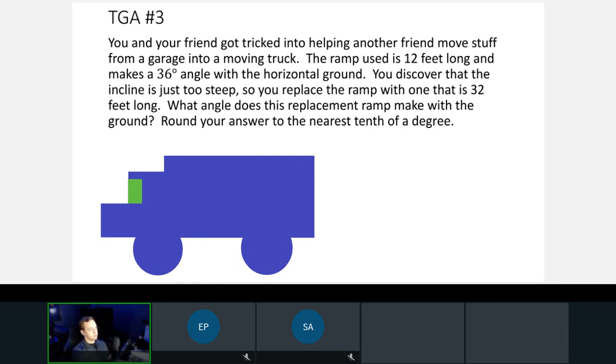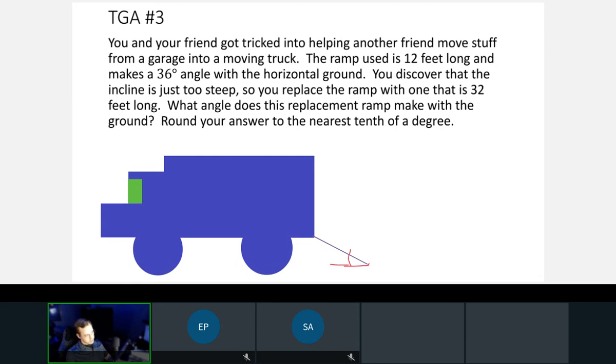All right, so let's say that first ramp is what? Oops, that's like 2 ramps. All right, so there's your first ramp, and you have some angle with the ground, that you're given, and then you're like, yeah, that's way too steep, doesn't work out for me. We need a longer ramp.